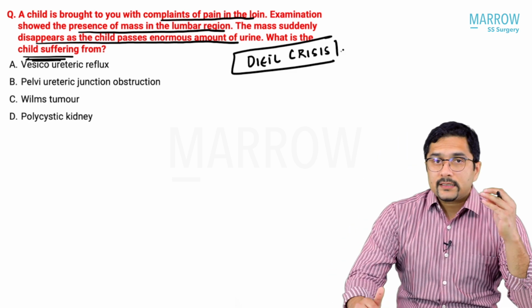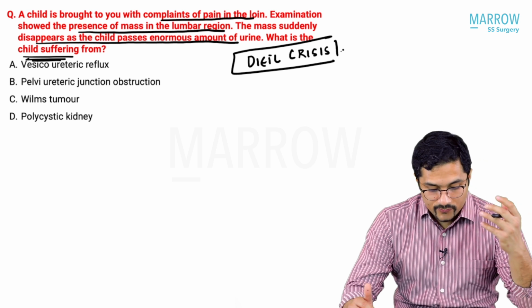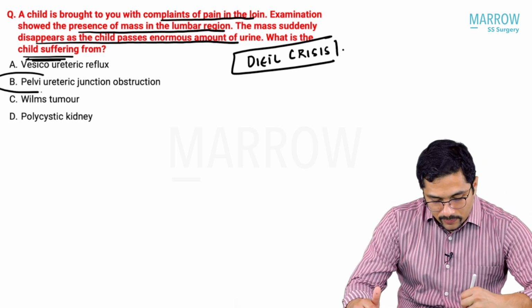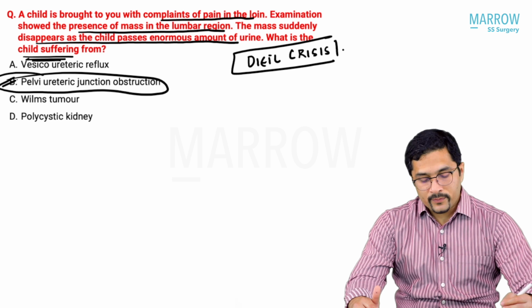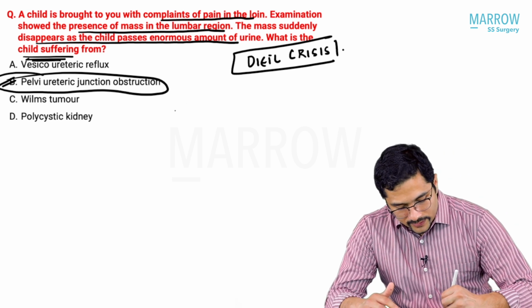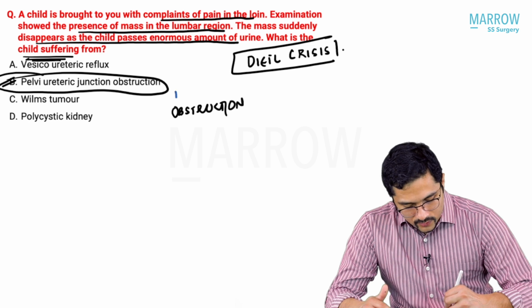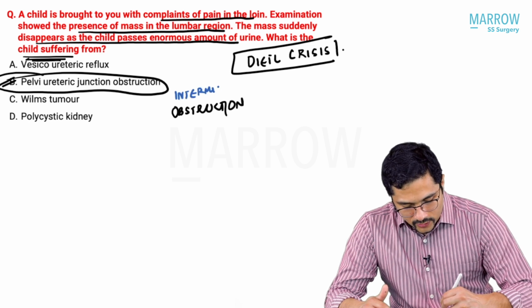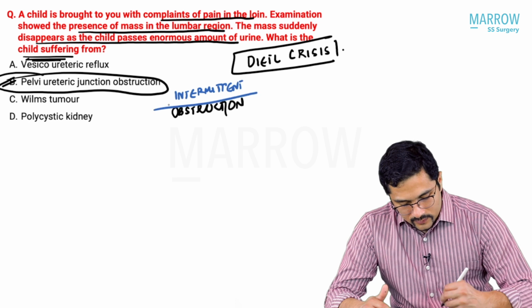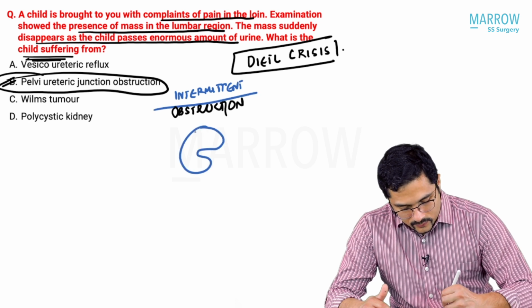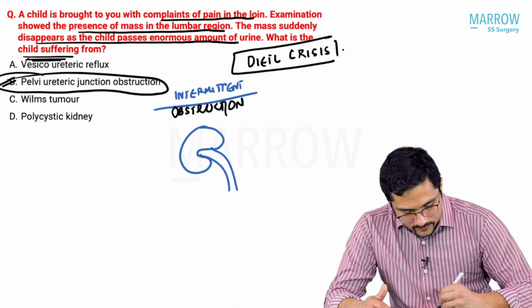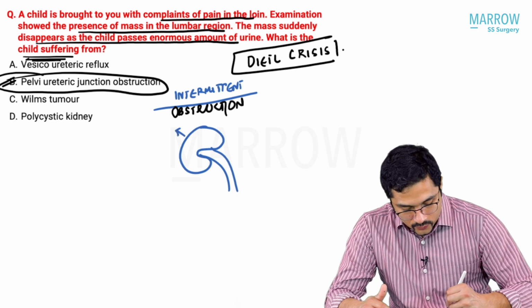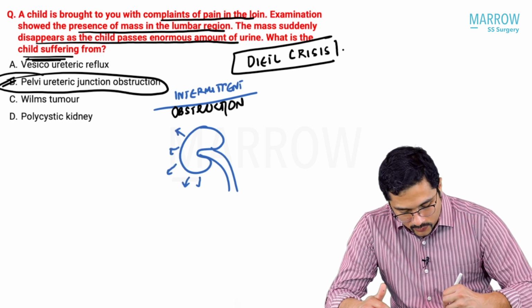And Dietl's crisis is seen when there is hydronephrosis, usually when there is pelviureteric junction obstruction. So, what happens is when there is intermittent obstruction, the kidney will distend, right? The kidney is going to distend with urine and there will be a palpable loin mass.